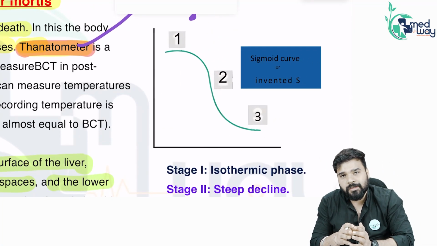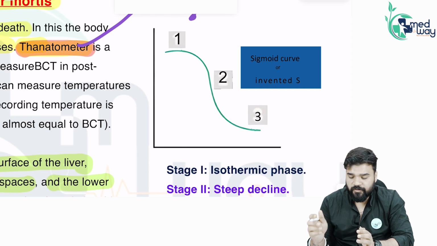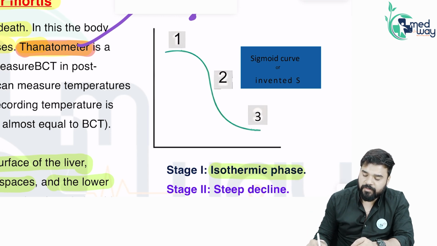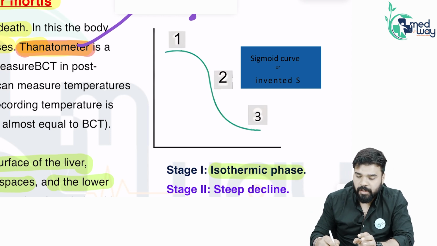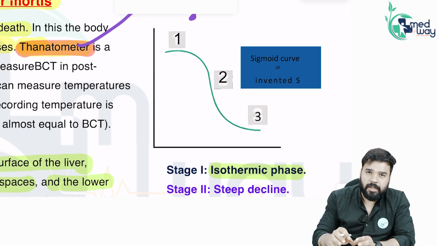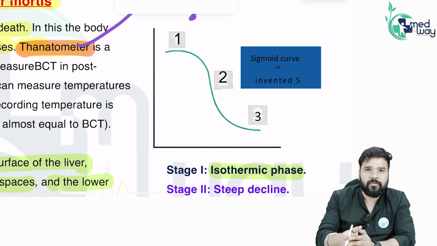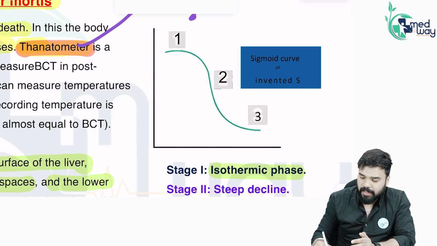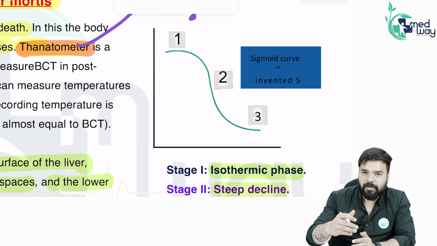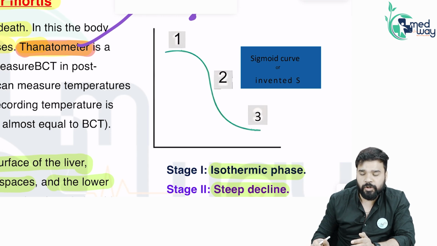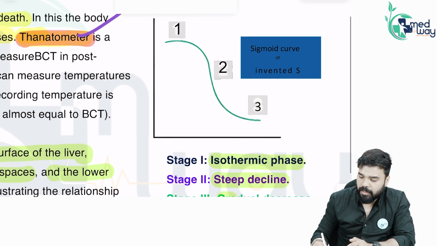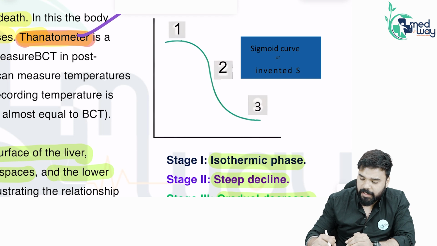So, algor mortis occurs in 3 stages. First stage is isothermic phase. Okay, there will be slow loss of heat from the body. Then second step is steep decline. There will be very fast cooling of the body, and the third stage will be gradual decrease.